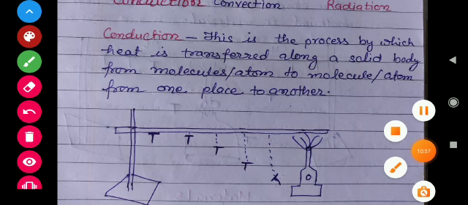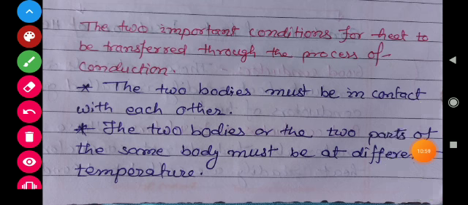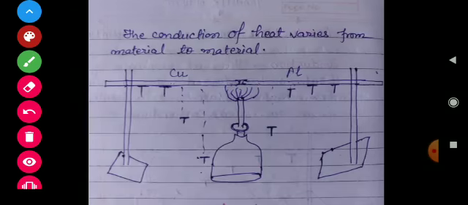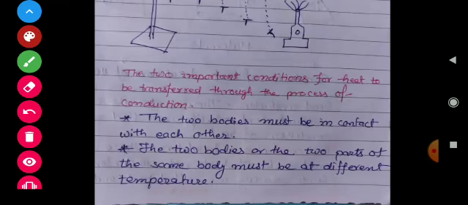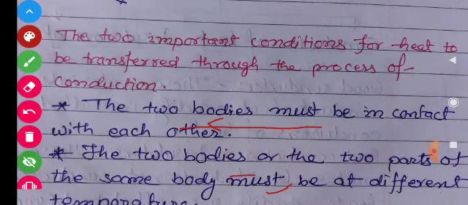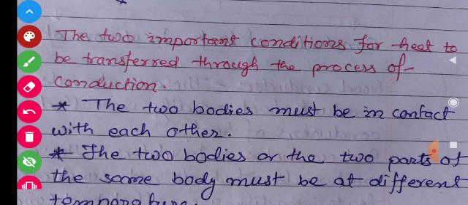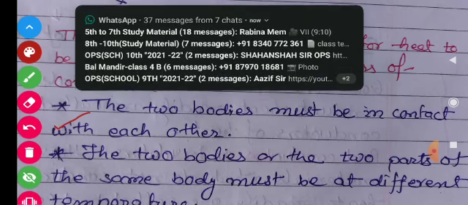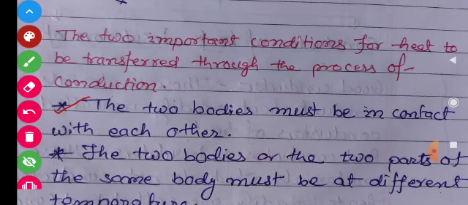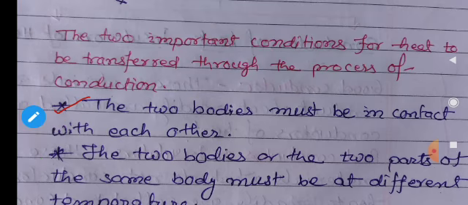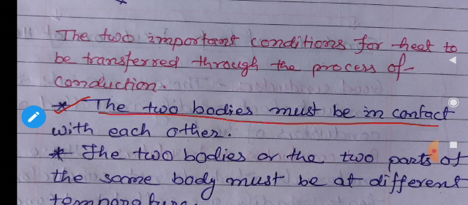The two important conditions for heat to be transferred through the process of conduction are, number one, two bodies must be in contact with each other.